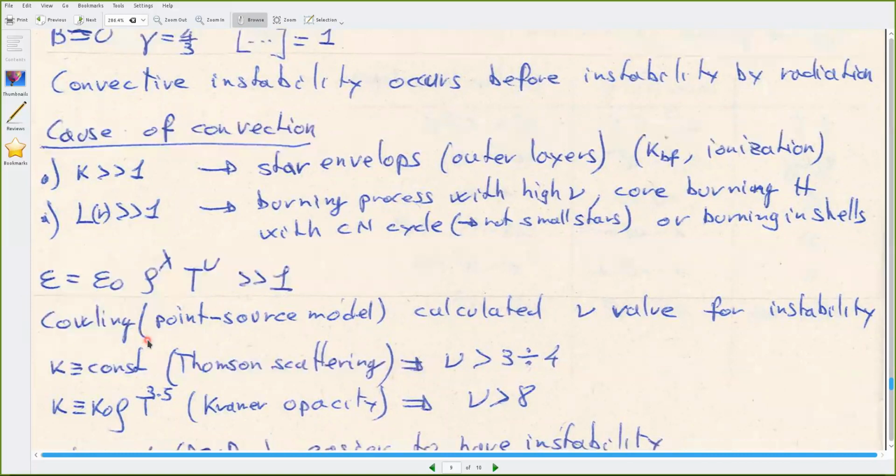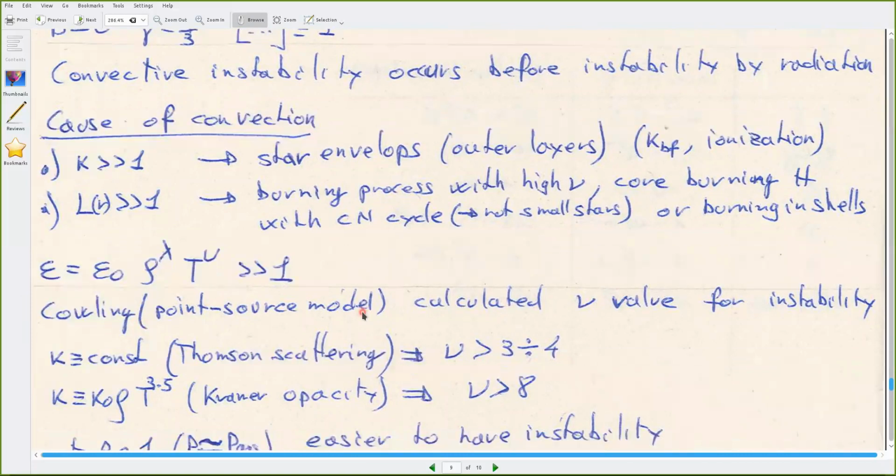Calling the same one of the point source model that essentially is well connected with the stars that are producing the energy in the core with the CN cycle that is really well producing a lot in that area.